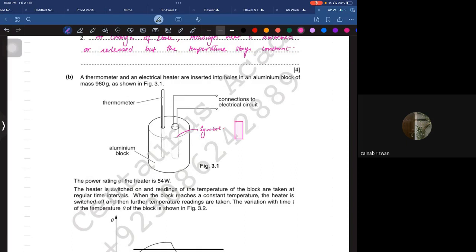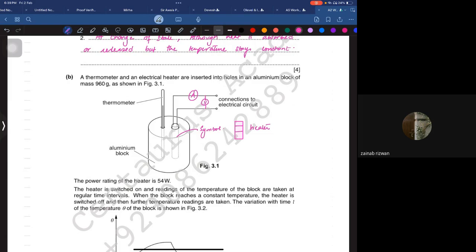So in paper 5, if they ask you the symbol, it should be like this. This is the heater. And then you have placed a thermometer right next to it as well, right, by punching a hole. You basically connect it to some electrical circuit where you can measure its current by connecting an ammeter and a voltmeter across those terminals to find how much voltage is being supplied to the heater.